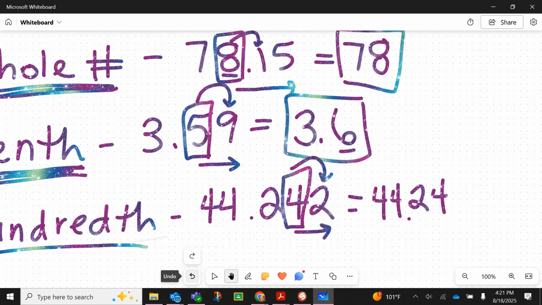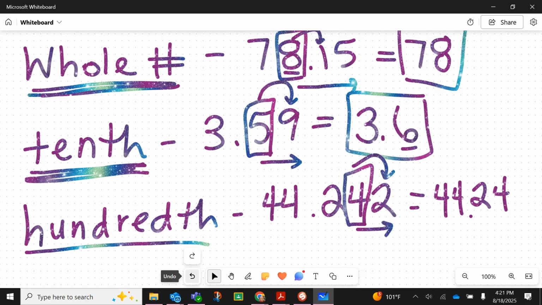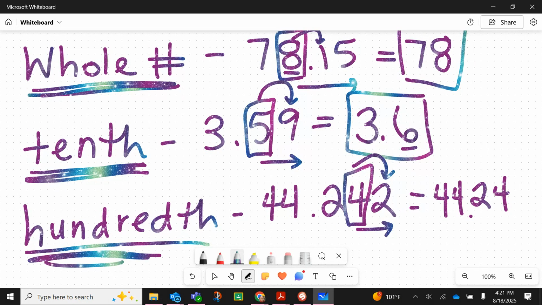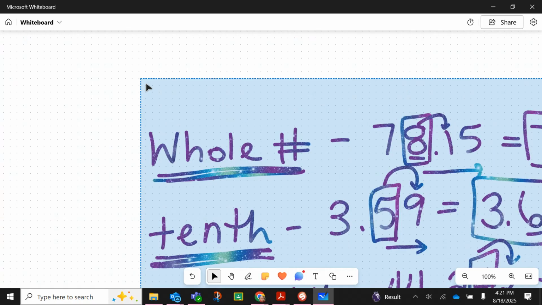If I'm rounding to the nearest hundredth, then I should stop at that hundredths place. So here's my answer, 44 and 24 hundredths.